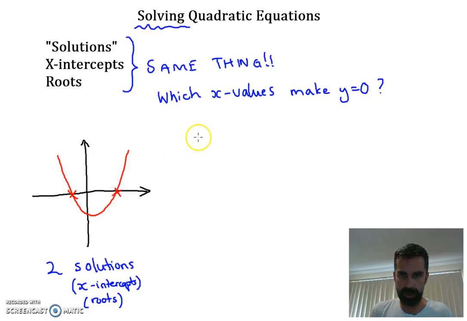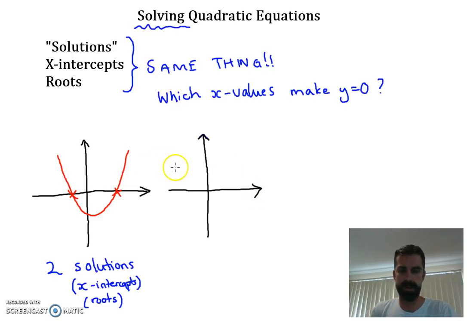There's another possibility too. Let's get the right color. The second possibility is that the quadratic comes along and just touches the x-axis. Okay? And you might recall this from when we were sketching quadratics.